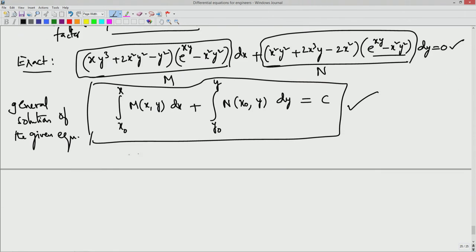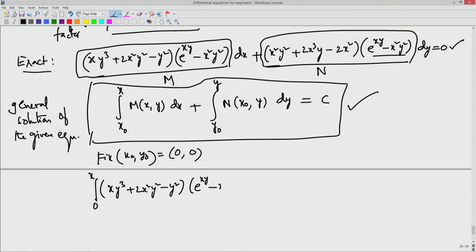So I can fix my x naught, y naught as 0, 0 because this is part of the domain. There is no issue with 0, 0. So you have integral 0 to x of m, which is x y cube plus 2x square y square minus y square into e power x y minus x square y square dx, plus y naught is 0 to y.